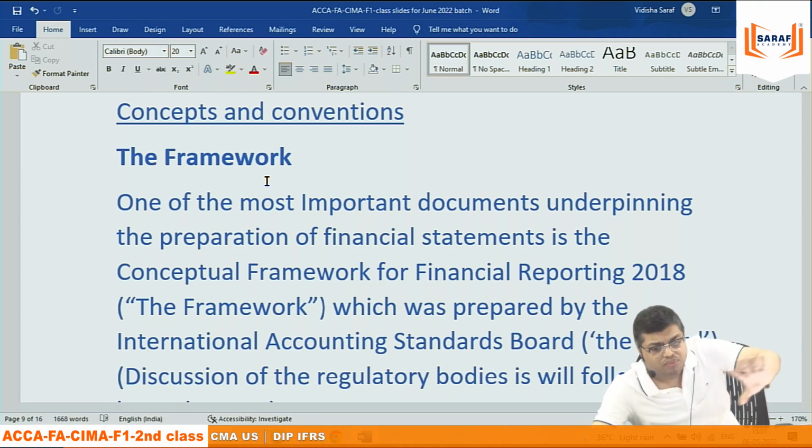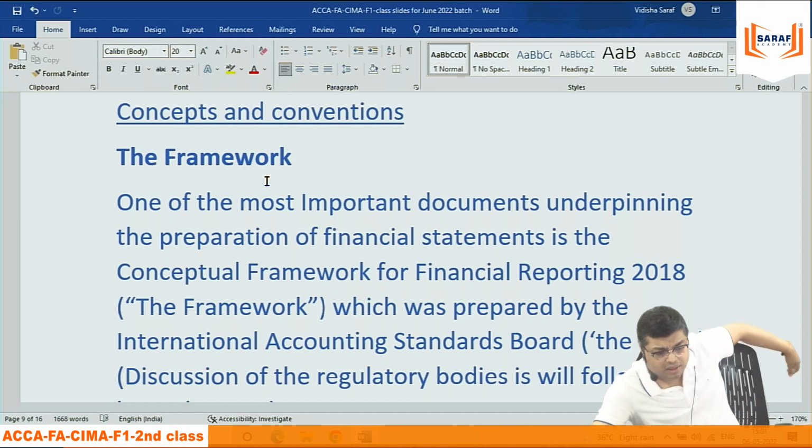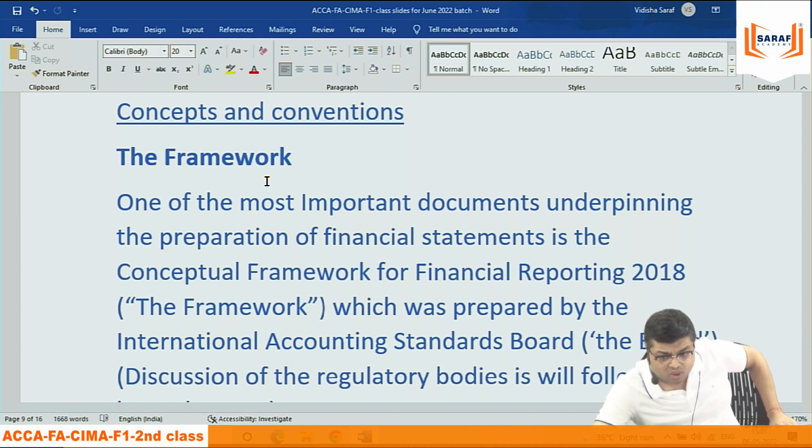If you do a Google search for the framework by the International Accounting Standards Board, the framework is around 100 to 150 pages of write-up in font size 11 to 12. That framework is there at our lowest level, that is financial accounting, the middle level, and the highest level. At every level they will be testing the framework.